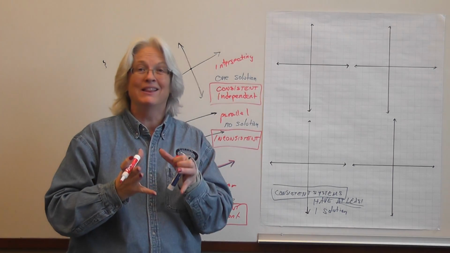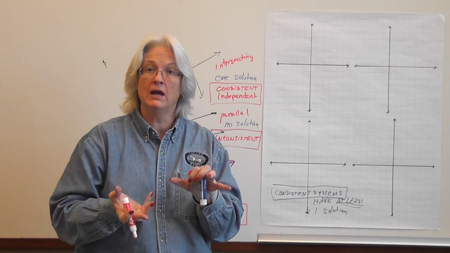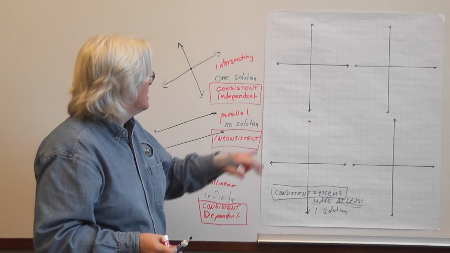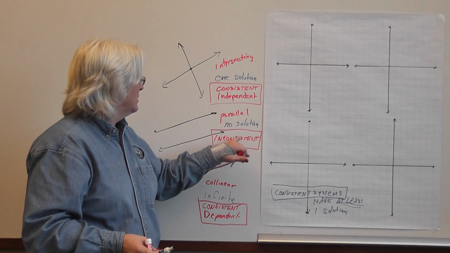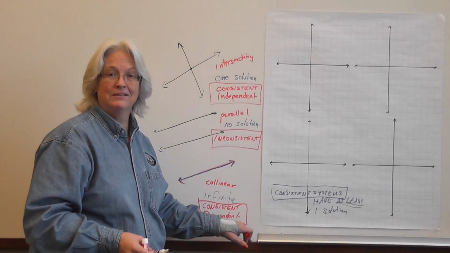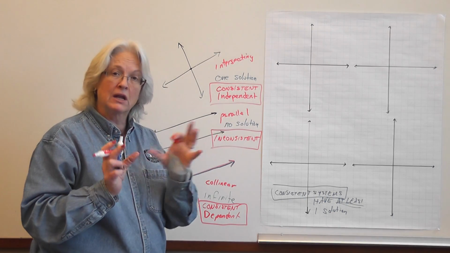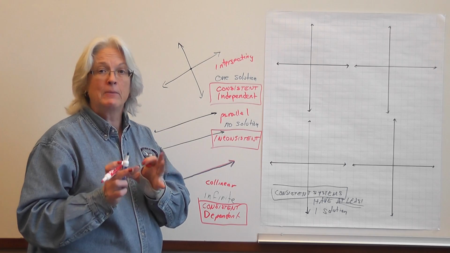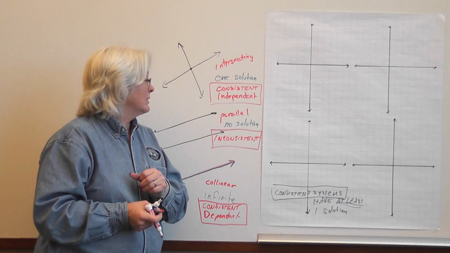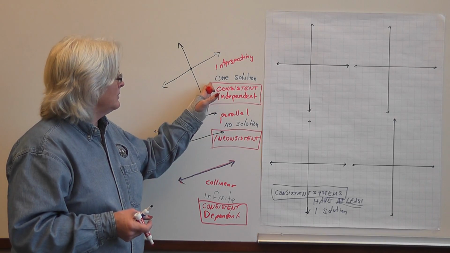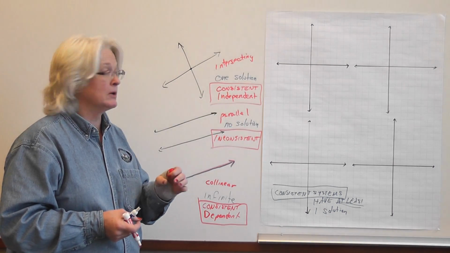These ways of classifying and separating systems of equations: consistent, independent, inconsistent, consistent, dependent. You're going to have to sit down and figure out some way that you can get these all straight in your head, because they will expect you to know that consistent means that there's a solution.